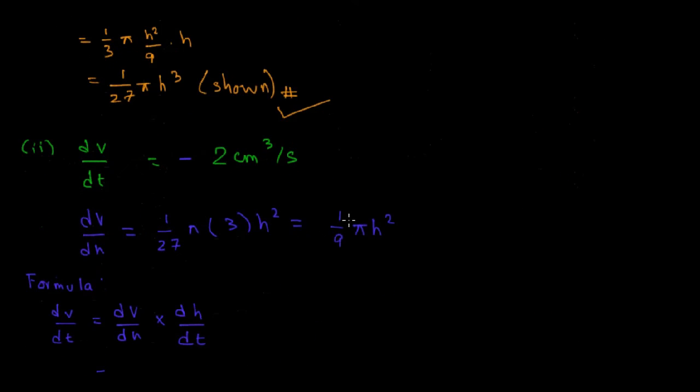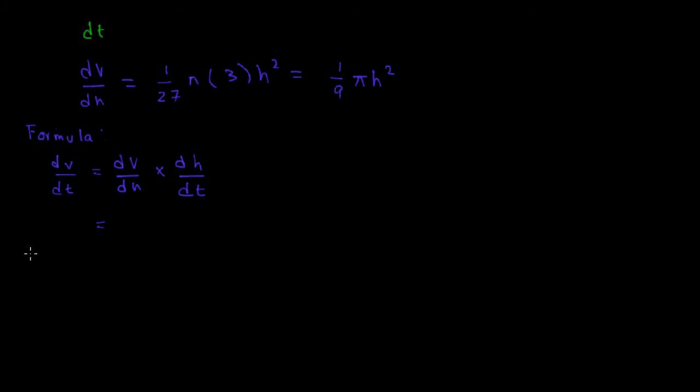So we just sub in 4 into the dV over dh equation, and that gives us 1 over 9 pi times 4, and then dh over dt, which we don't know and we are required to find, and we know that dV over dt is minus 2. Then you just manipulate, and you'll get your answer as dh over dt is equal to minus 9 over 8 pi cm per second.